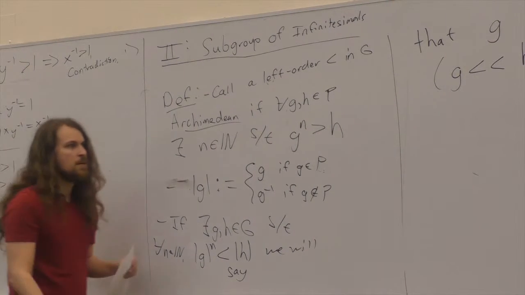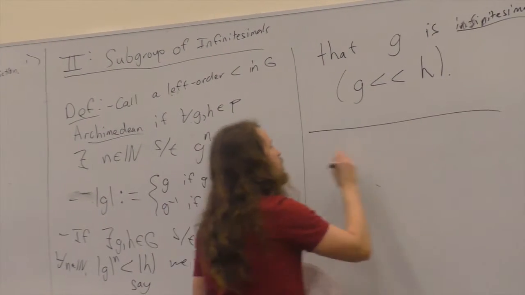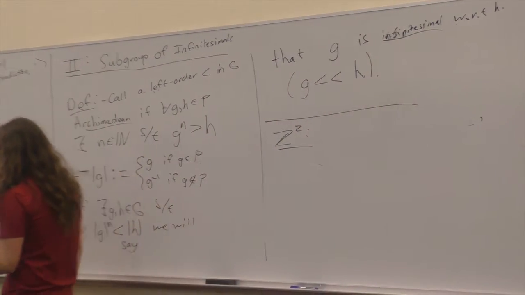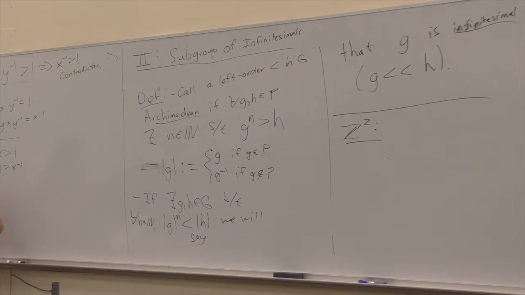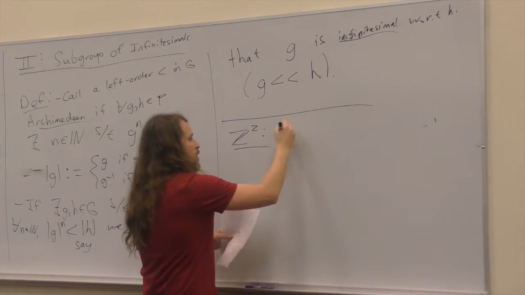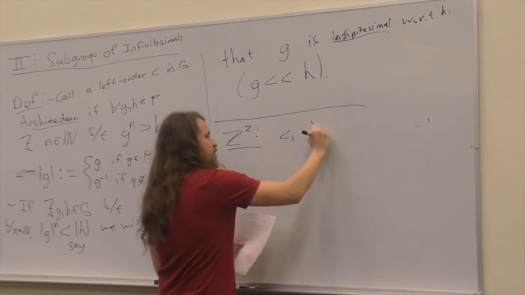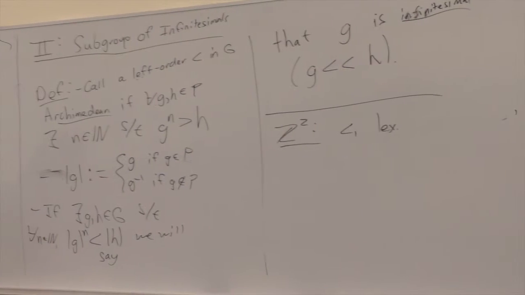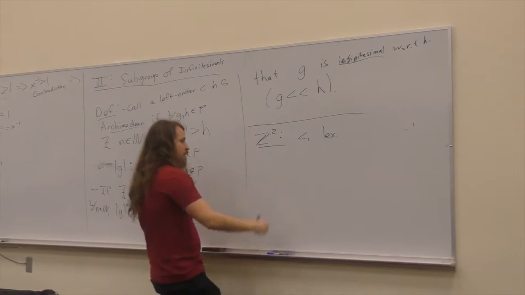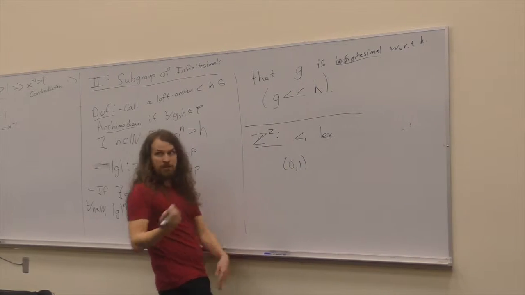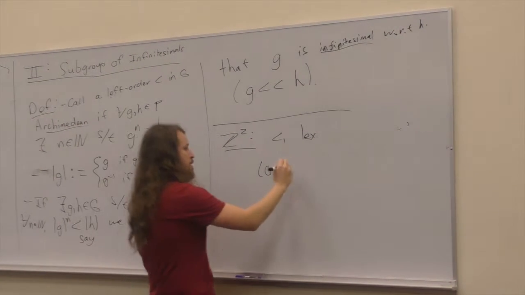Okay, so maybe some examples. I put two orders on Z squared. Let's go back to the lexicographical one. This guy definitely has infinitesimals. A way to see that is, from the definition, (0,1) and (1,0) are both in the positive cone.